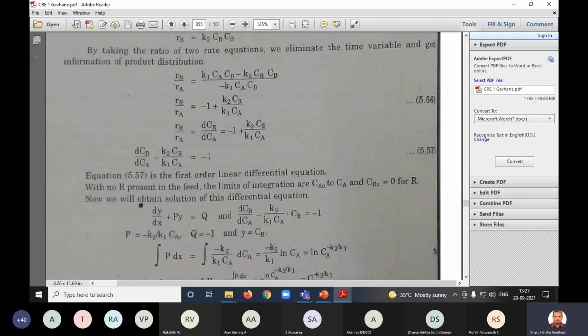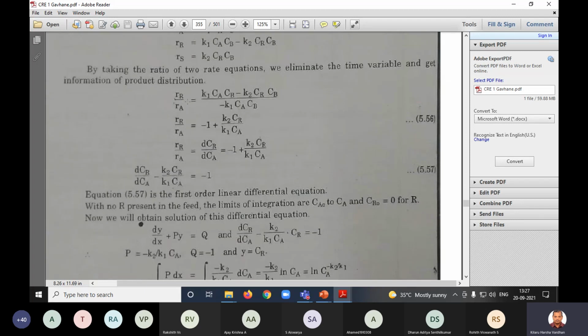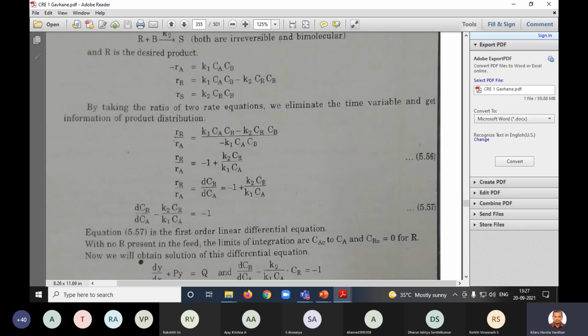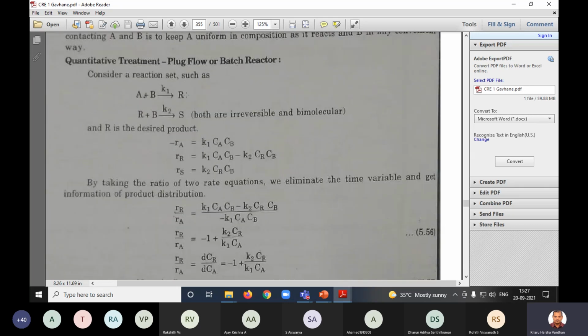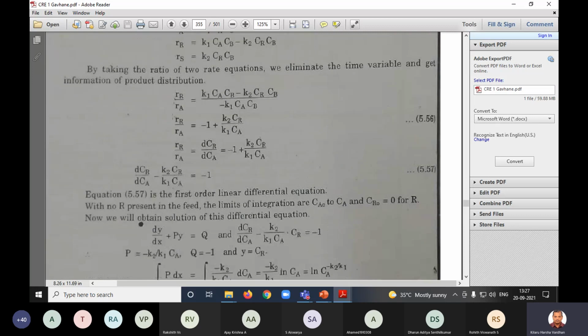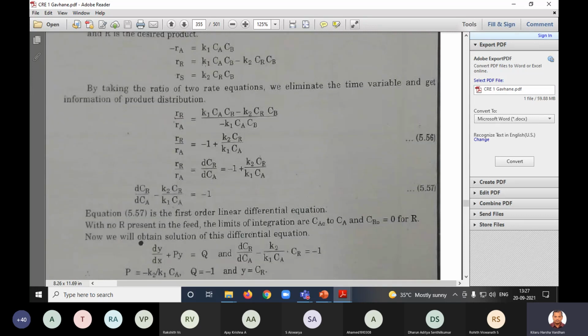So we are writing RR by RA, because R is the series-parallel reaction and B is the parallel, right? So RR is K1CaCb, divided by RA is this. If you cross multiply, this becomes 1 and this becomes positive minus 1 plus K2 by K1 CR by CA.